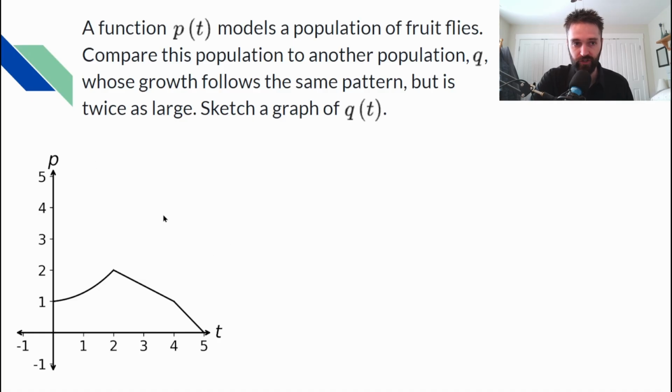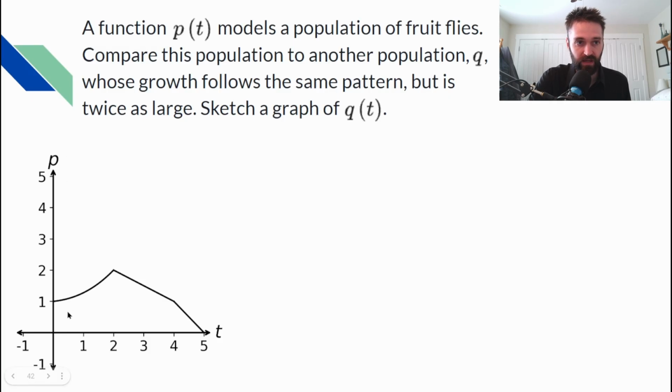So here's our function p of t. It's only defined for positive t values, and our textbook doesn't give us units for t. I don't know if t is measured in hours, days, or years, or whatever. But this is what the function looks like, nevertheless.